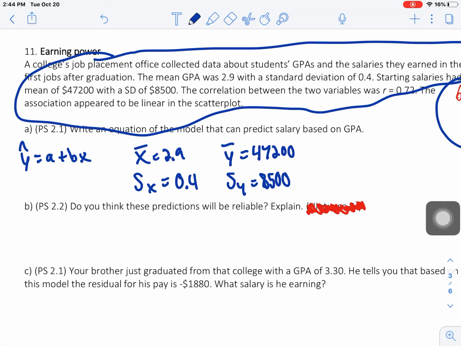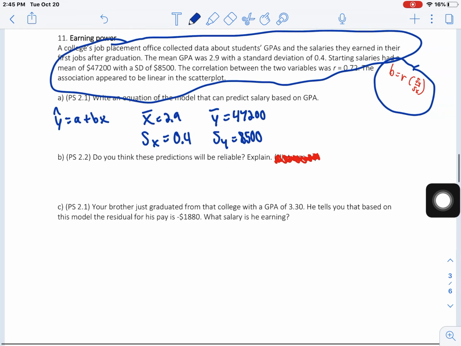The reason I have X is because we know that we're trying to predict salary based on GPA. So X is going to be GPAs, Y is going to be the salary, or the predicted salaries. So that's why I labeled X as the mean and Y as the salary.